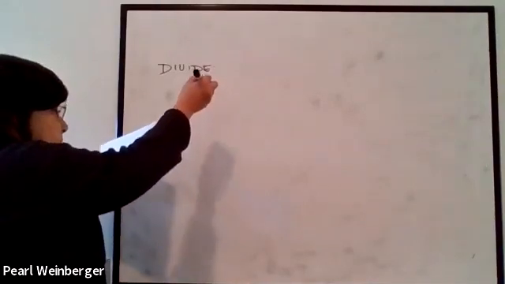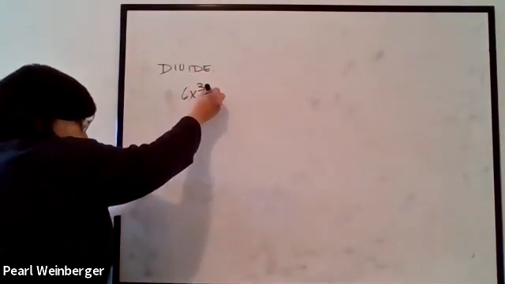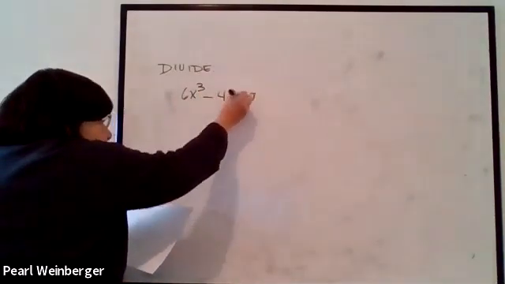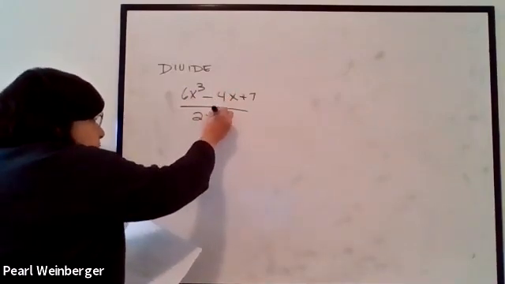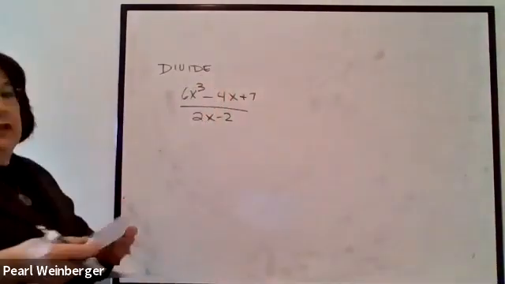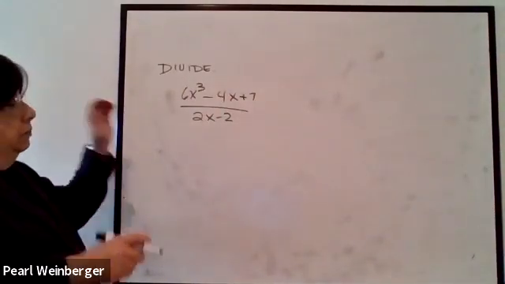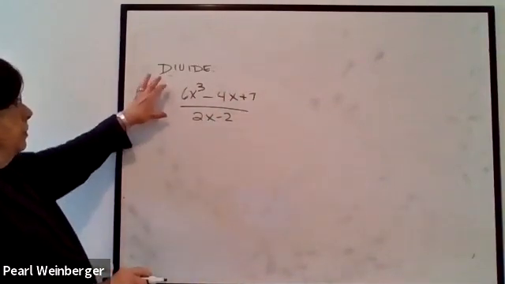Suppose I gave you 6x to the third minus 4x plus 7 divided by 2x minus 2. It happens to be off the sheets that I put in the weekly folder.